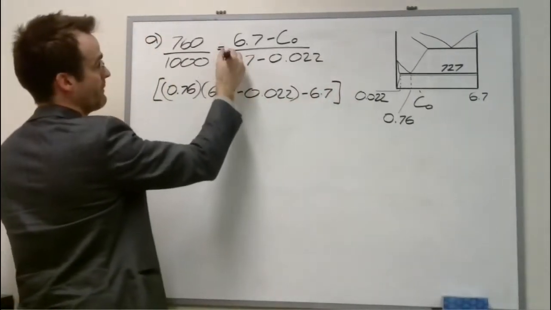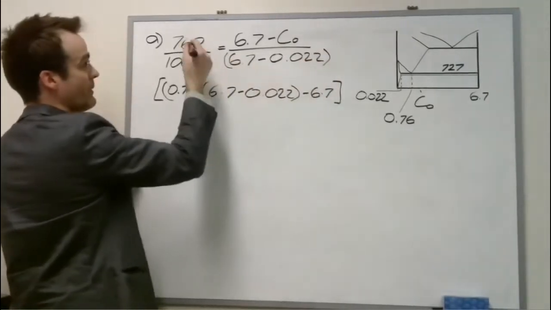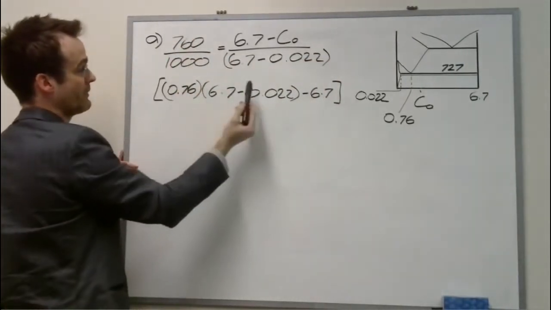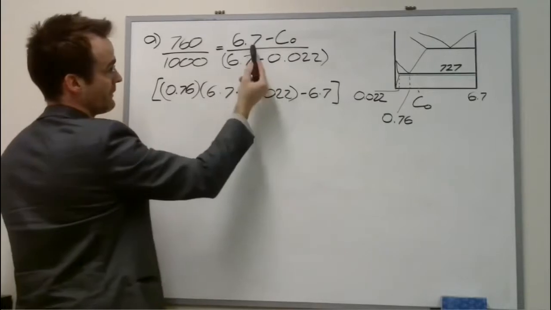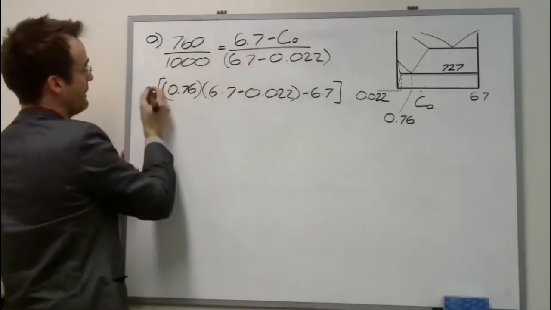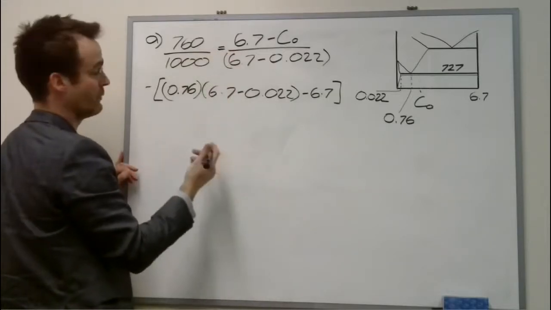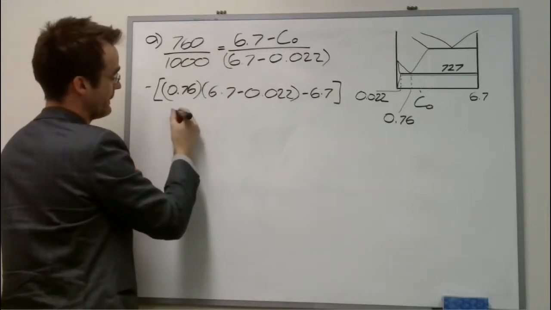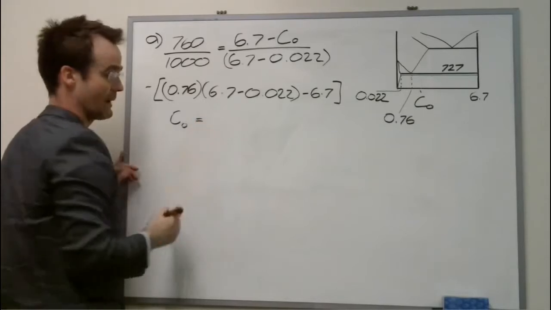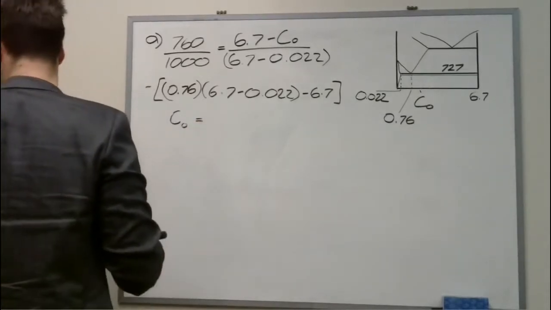Okay, so I've turned this into a fraction, brought the denominator up, brought 6.7 across, and we'll eliminate the negative sign, or multiply both sides by -1, and then we can calculate directly what C naught is.